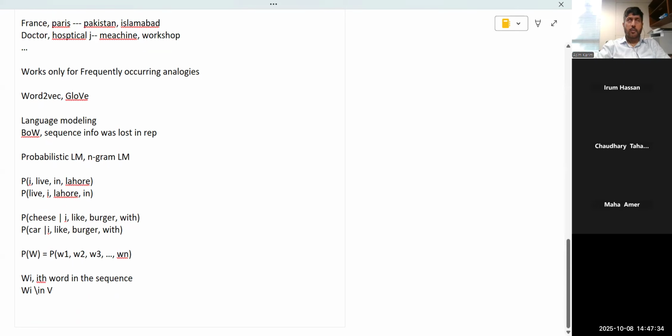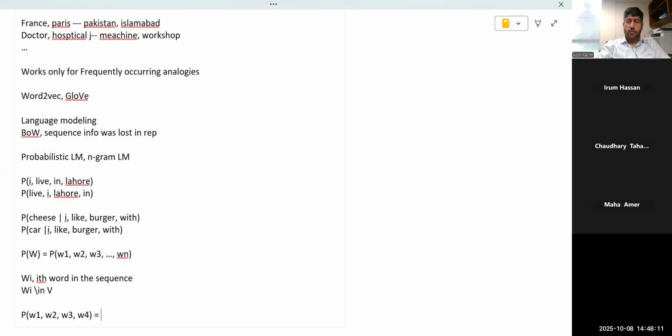So I was saying that estimating probabilities of long sequences is quite problematic. You won't be able to find that exact sequence many times, and if you find it even once, the estimate might be very poor. So we often use approximations to improve this. Let me take a smaller sequence, W1, W2, W3 and W4.